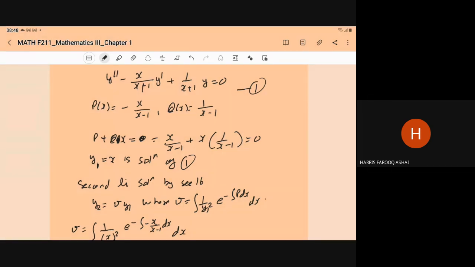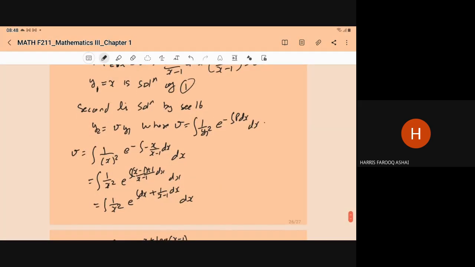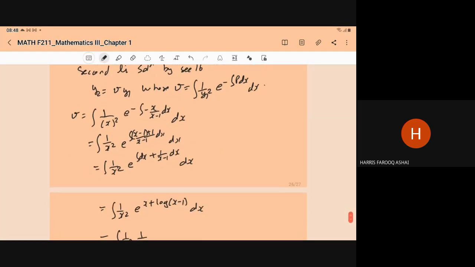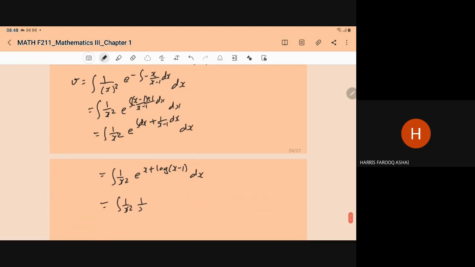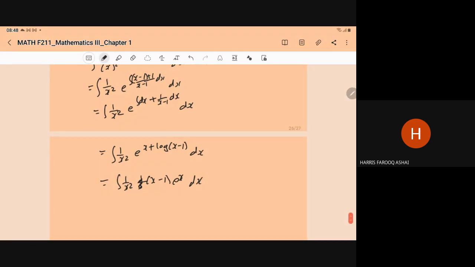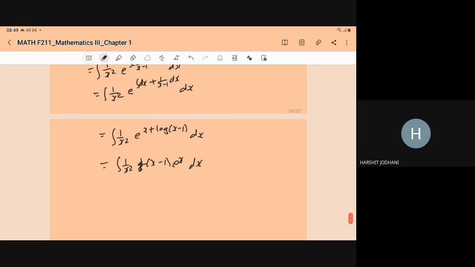So it is coming x square into x minus 1 e to power x into dx, I think. Sir, if you take 1 upon x square inside, it will be 1 upon x minus 1 upon x square. So its integration will be e raised to x upon x.